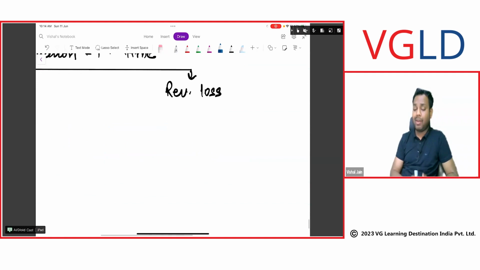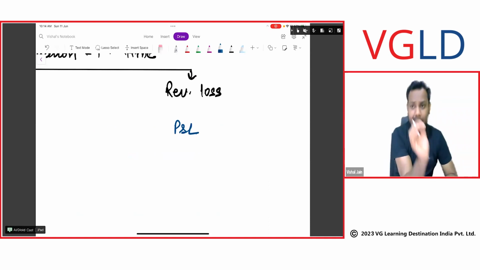Now, if it is a revaluation loss, I will record it directly in P and L. But always remember, revaluation gain or loss does not belong to P and L. They belong to revaluation reserve.